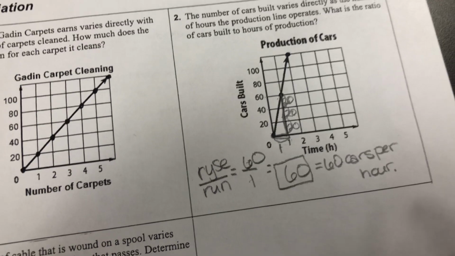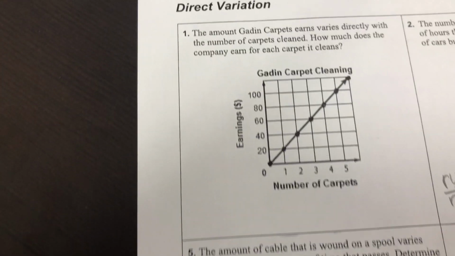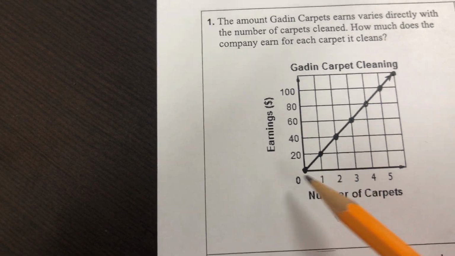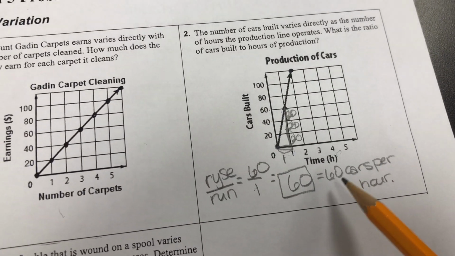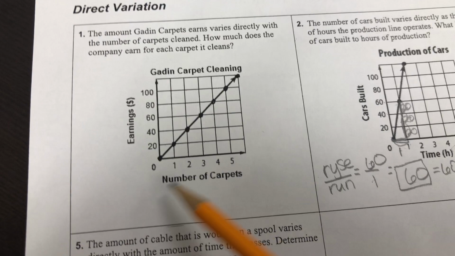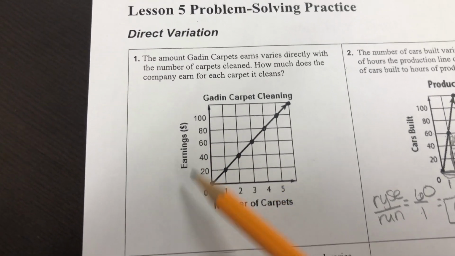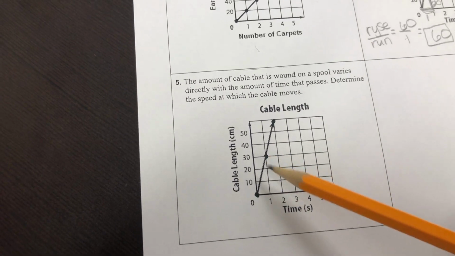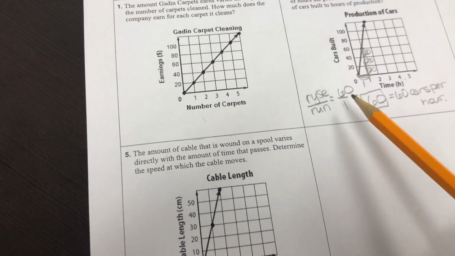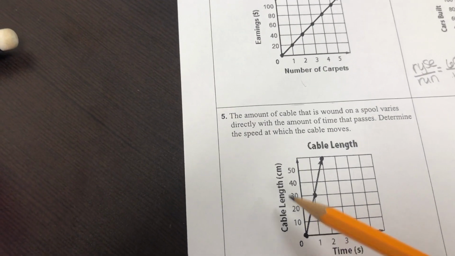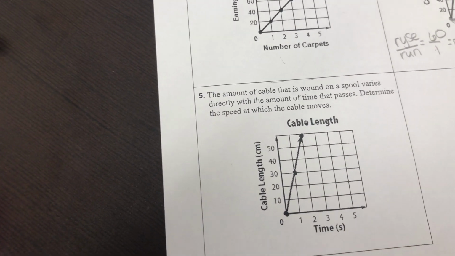Do that same exact process on this one. Rise over run, get your answer, and then put something like number of carpets per dollar or whatever. And then right here, do the same thing as what you did on here as well. So cable lengths versus time.